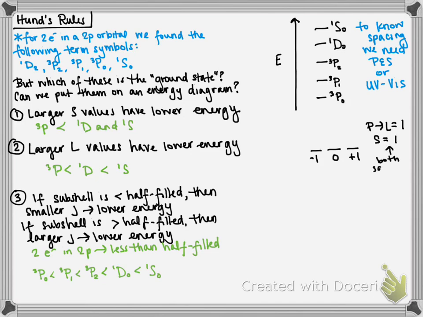The S value also equals 1, which means that they have to have the same spin, because that means our possible m sub S values are either +1, 0, or -1. And again, we could get 0 by putting them in opposition to one another. But in order to get an m sub S of 1, we'd have to pair them both spin up, and an m sub S of -1, we'd have to pair them both spin down.